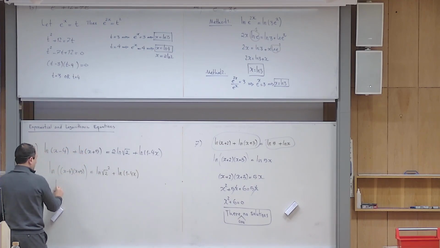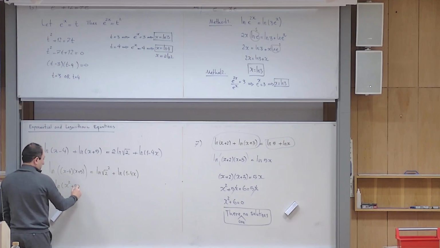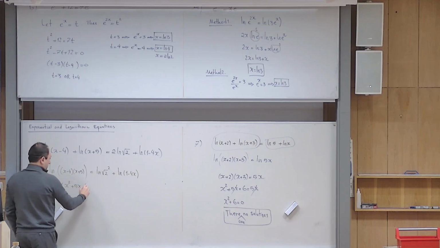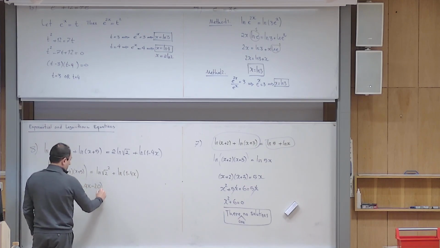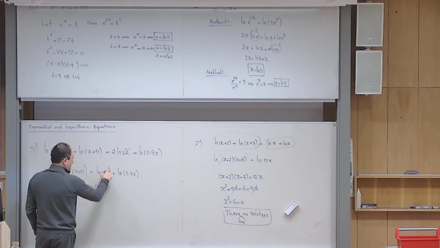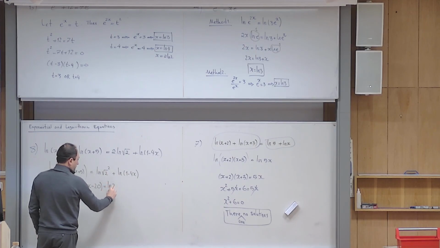Here, of course, let me just multiply it. X times x is x squared. X times 5, minus 4 times x, minus 4 times 5. This becomes the square root of 2 to power 2, which is ln of 2.